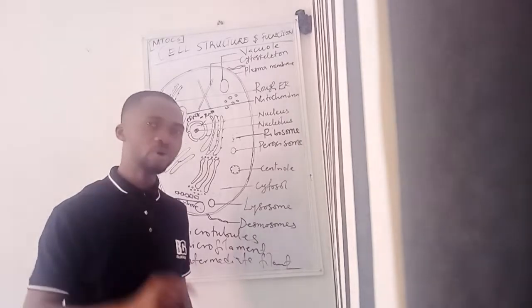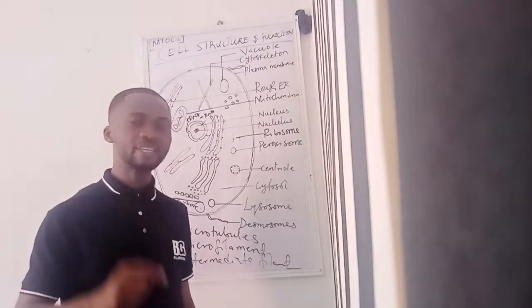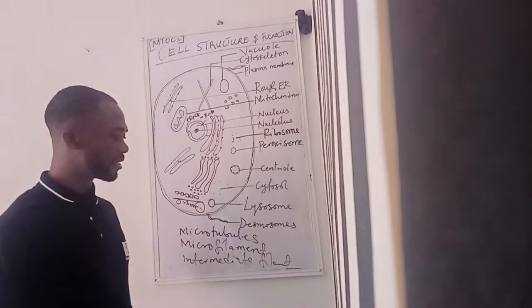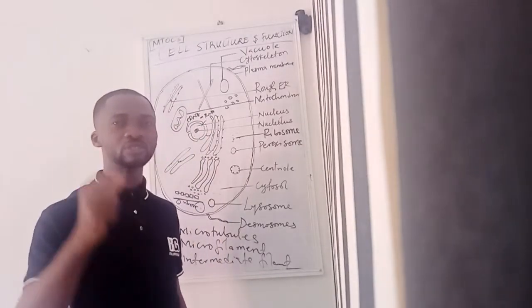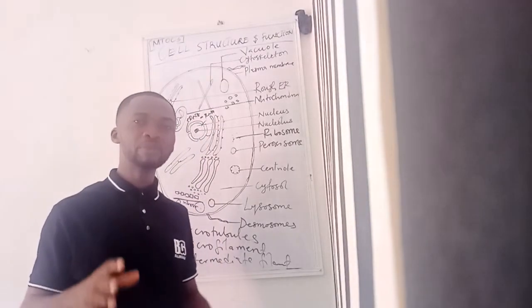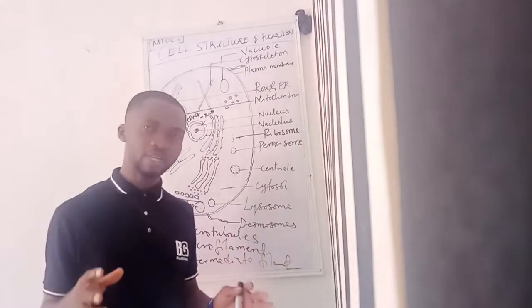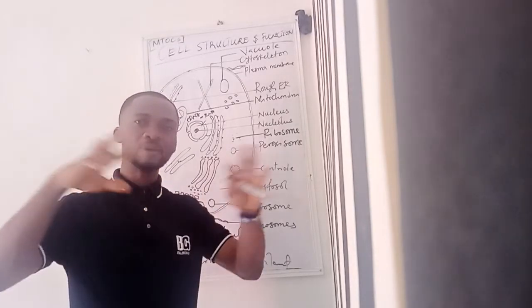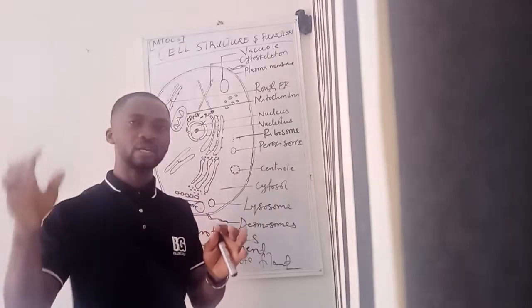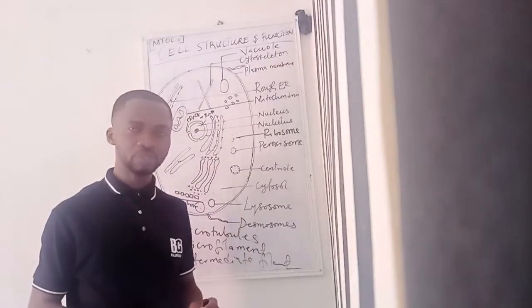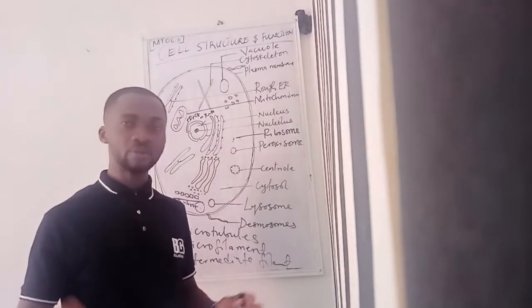And the third type of fiber is the intermediate filament. The intermediate filament helps in reinforcing the shape of a cell and making sure that the positions of certain organelles are maintained.